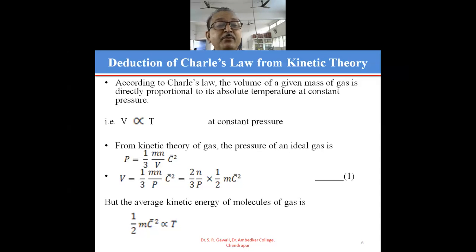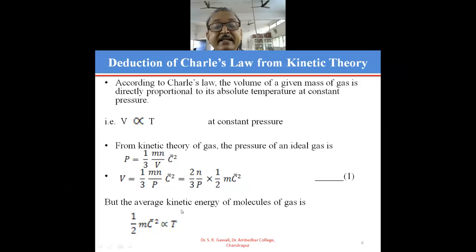From this expression we will write it as V is equal to 1 by 3 m into n upon P into C bar square. The same expression I will write in a different form as 2 by 3 into n by P into 1 by 2 into m into C bar square. And this 1 by 2 m into C bar square is nothing but the average kinetic energy of the molecule of the gas. So, this is our equation number 1.